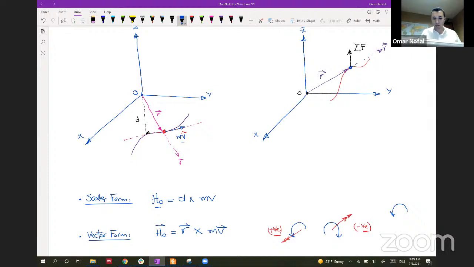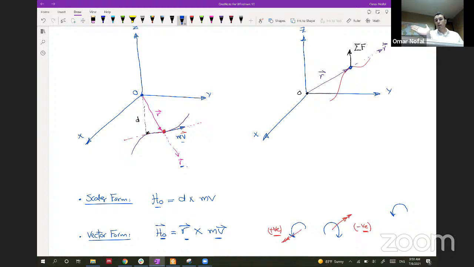Because we are taking the momentum about point O, we have a vector r from point O to the particle, and this is the direction of the vector. You extend this vector from this point, then you have the mv vector like that, and then you curl your fingers from r to mv, from the first quantity to the second quantity.